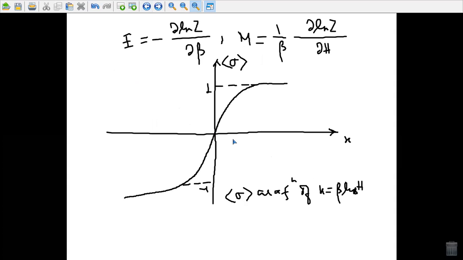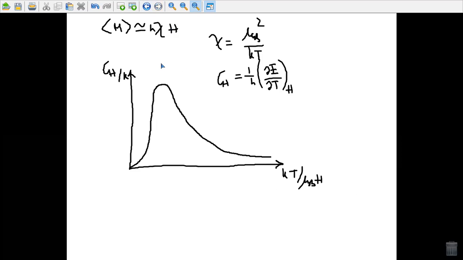As to the correspondence of the result with the experiment, we will return to the discussion, as already discussed in the previous lectures. And finally, we can calculate the specific heat or degree of freedom at a constant field.